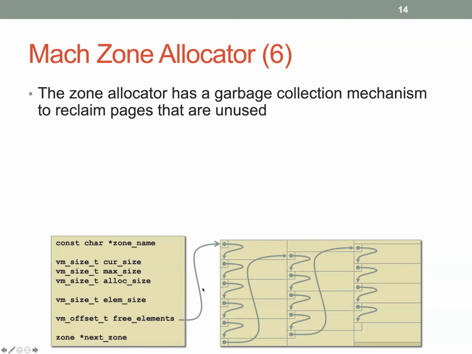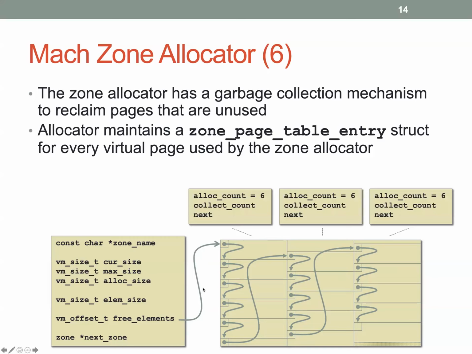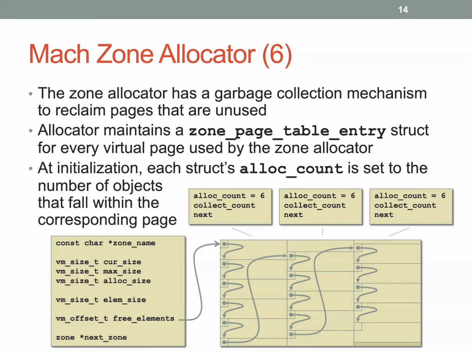So there's a special mechanism in the Mach zone allocator, basically called a zone page table entry for each of these pages that are part of a zone. And you'll notice they have a few basic details: alloc count, collect count, and next. At initialization, the alloc counts are all initialized to how many objects have some presence in that page.